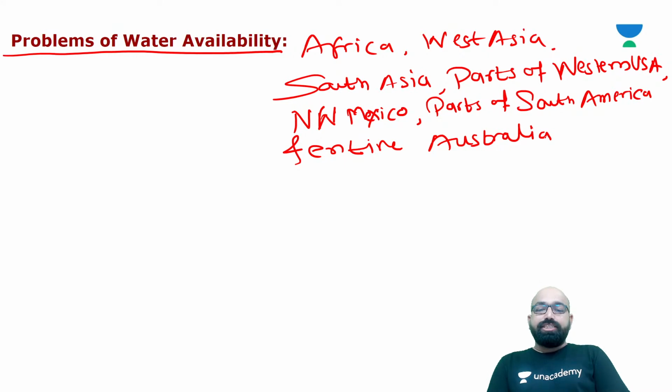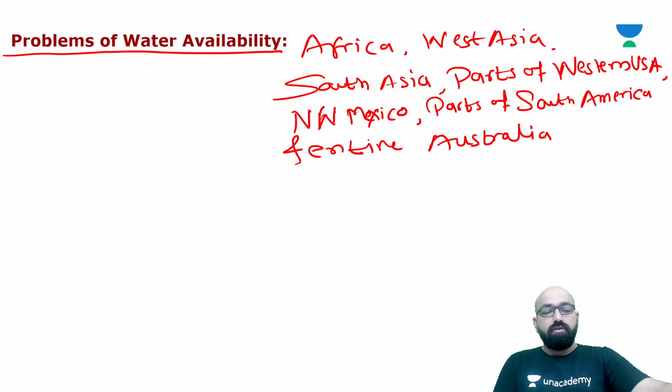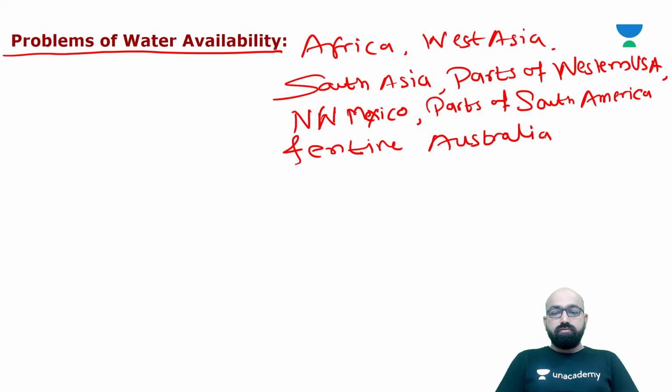Now, the scarcity of water in many parts of the world, like most of Africa, West Asia, South Asia, parts of Western USA, Northwest Mexico, parts of South America, and entire Australia. They are facing shortage of fresh water supply.